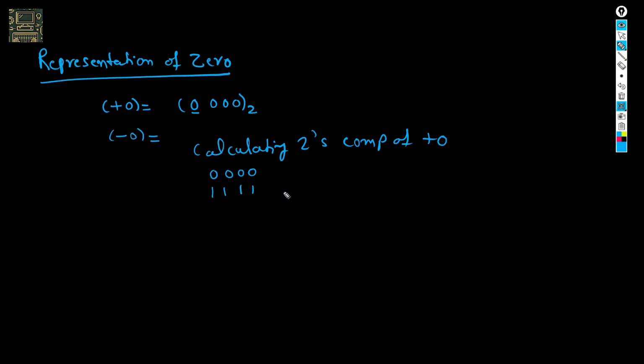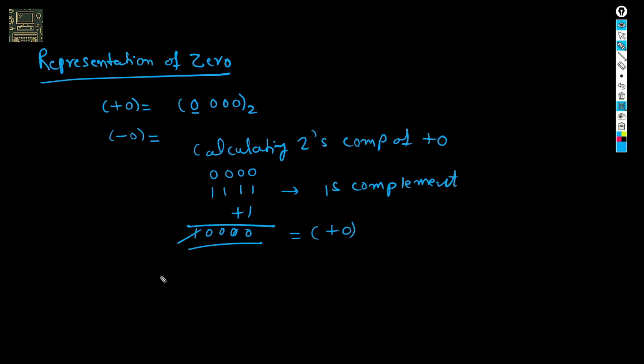This is the 1's complement. And if I add 1, this will become 1 1 1 1 and the carry 1. Because I am using only 4 bits, this 1 will be discarded, right? So this is nothing but plus 0.